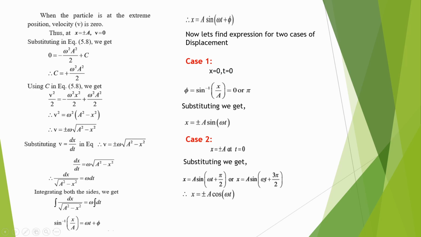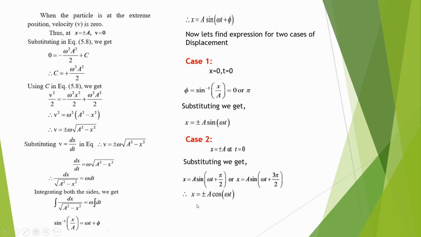If the particle starts from mean position, the formula for displacement is x equal to a sin omega t. When the particle starts from extreme position, the formula for displacement is x equal to a cos omega t. So that is the explanation for the equations of acceleration, velocity and displacement.